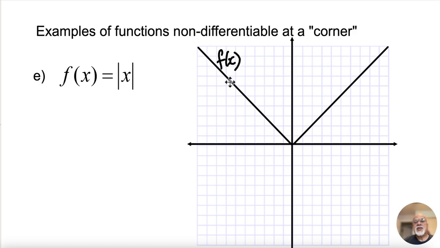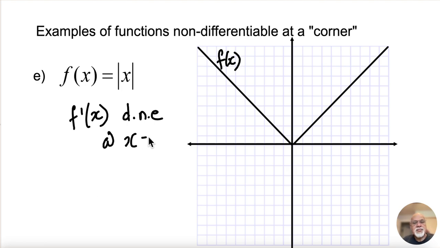Well, you can see that the derivative on the left-hand side of the y-axis is -1, on the right-hand side is +1. So again, it's changing drastically at the origin. And because of the change in slope drastically at the origin, we say that f prime of x does not exist. I'll abbreviate this to DNE, does not exist at x equal to 0. Okay, so at x equal to 0, this is called a corner.